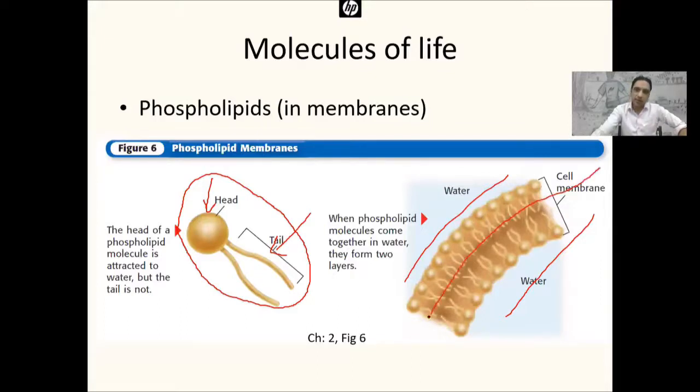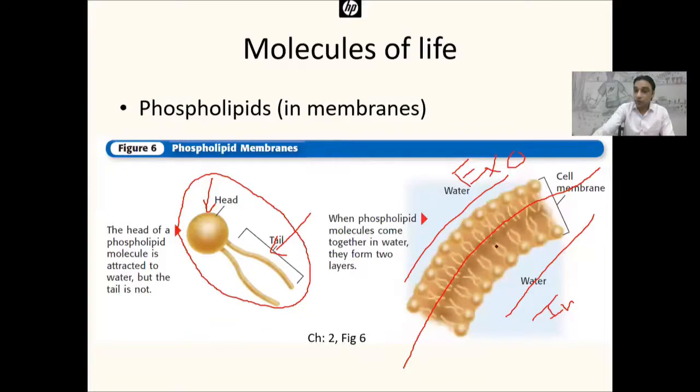This side is the exterior of the cell, or outside. This side is the interior of the cell. So the cell membrane creates a perfect boundary between the exterior and interior side of the cell by having this double layer of lipid molecules, and these are phospholipids.